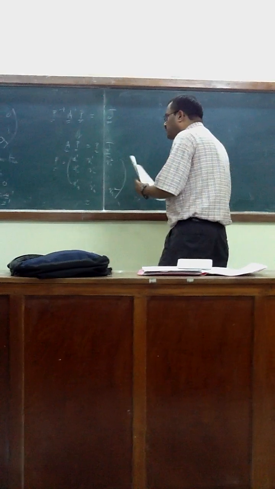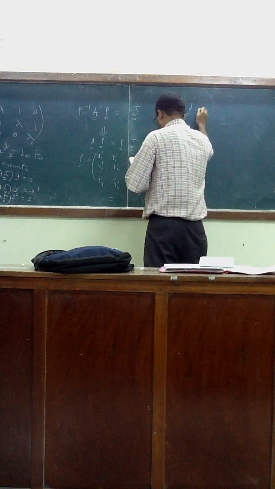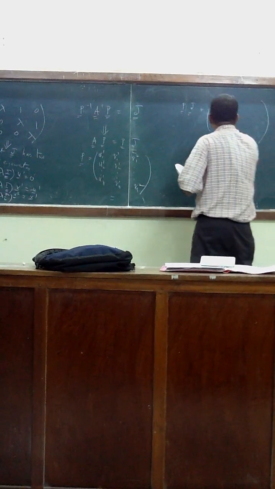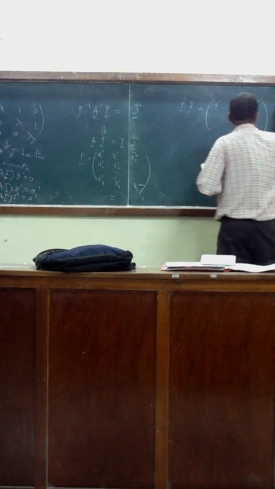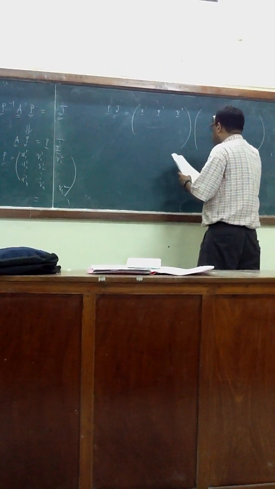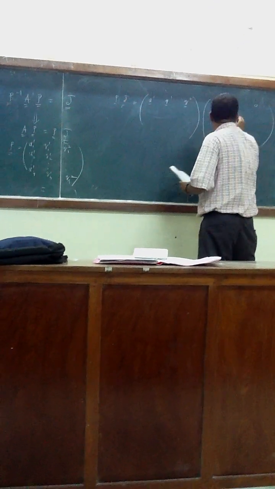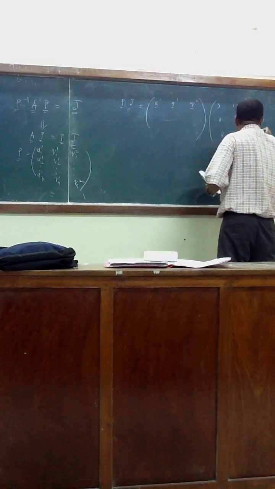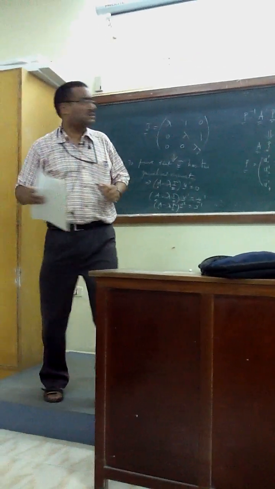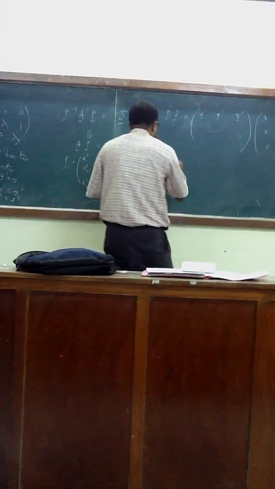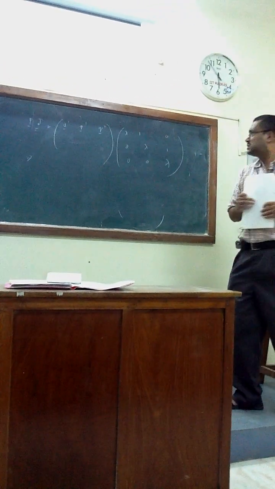Okay, so what is PJ? The P matrix is known: u1 vector, q1 vector and q2 vector. The J matrix is given: lambda, 1, 0; 0, lambda, 1; 0, 0, lambda. The next step is to multiply.